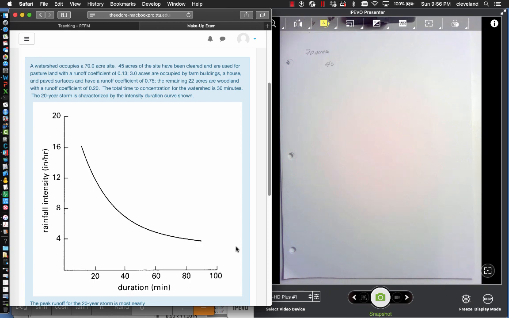The remaining 22 acres are woodland with a runoff coefficient of 0.20. The total time to concentration for the watershed is 30 minutes. The 20-year storm is characterized by the intensity duration curve shown.